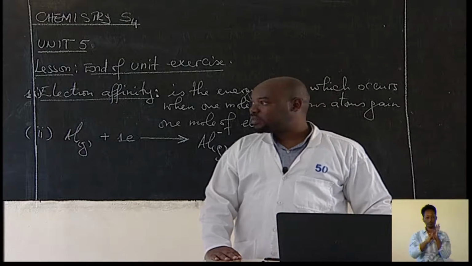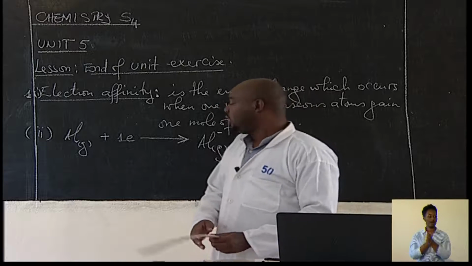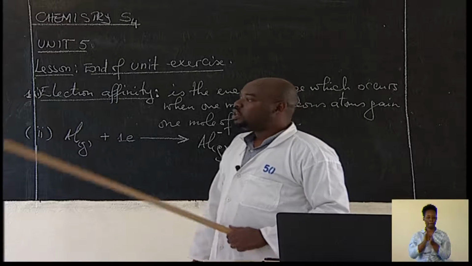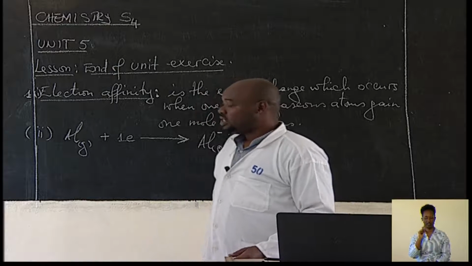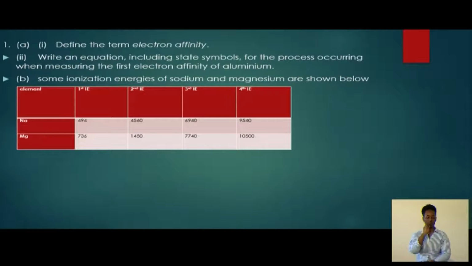Representing that process. And B, we have some ionization energies of sodium and magnesium shown below. We have the values here. First ionization energy, second, third, and fourth. For sodium, it is 494, 4,660, 6,940, and 9,540.